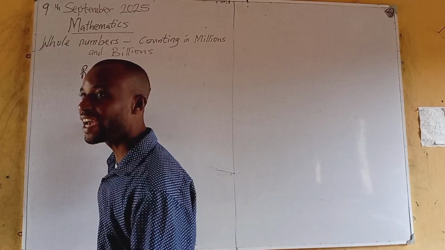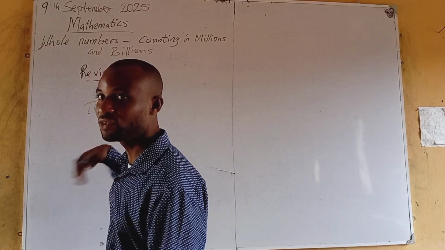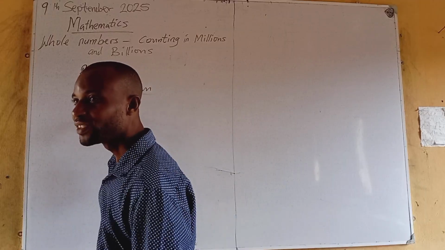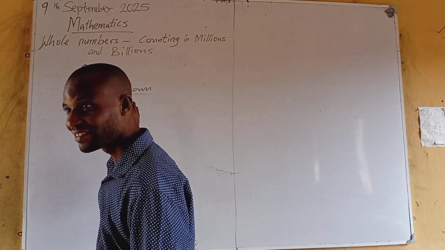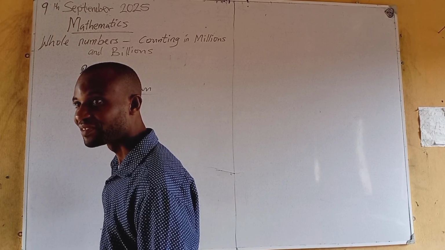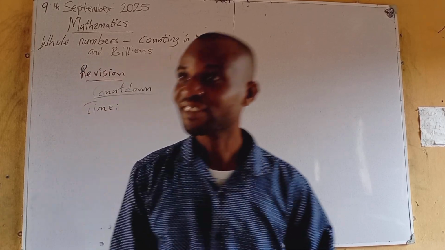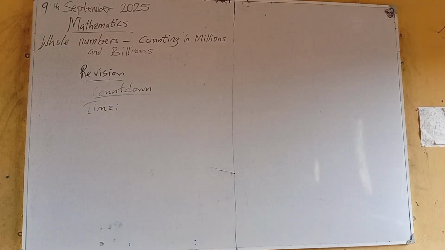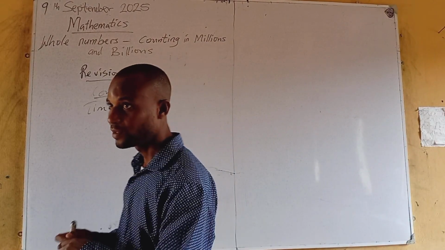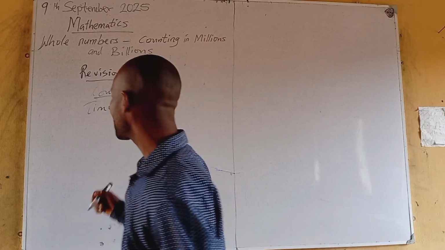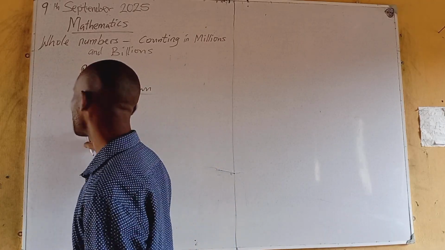How do you measure time? Can you recite the rhyme for time? 60 seconds make 1 minute. 60 minutes make 1 hour. 24 hours make 1 day. Good.